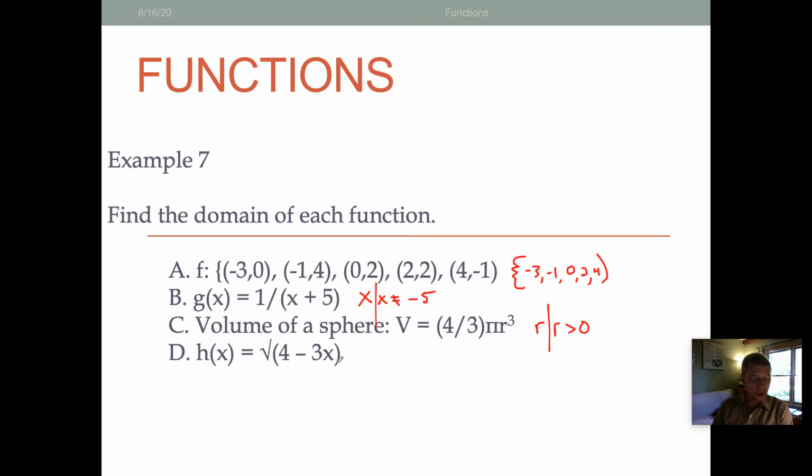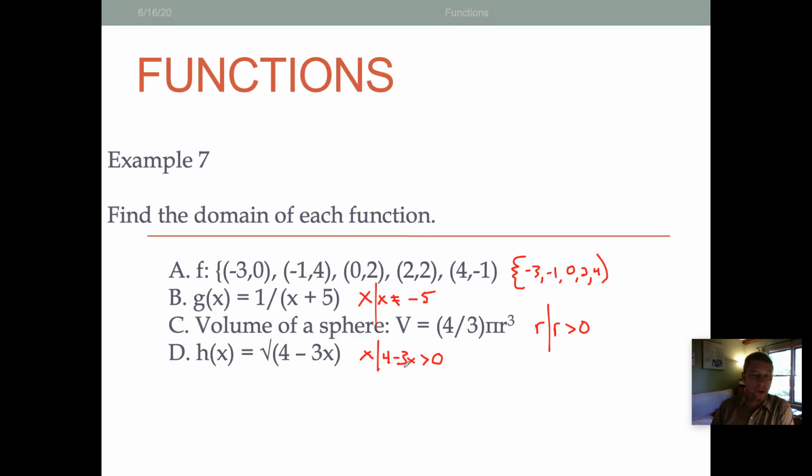And so in this case, the domain is going to be all x such that 4 minus 3x is greater than 0. Easy peasy. You don't have to calculate the value of x here.